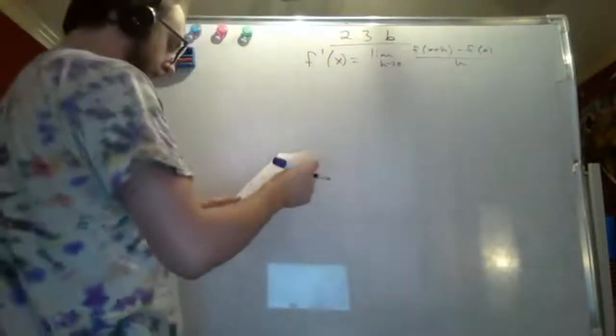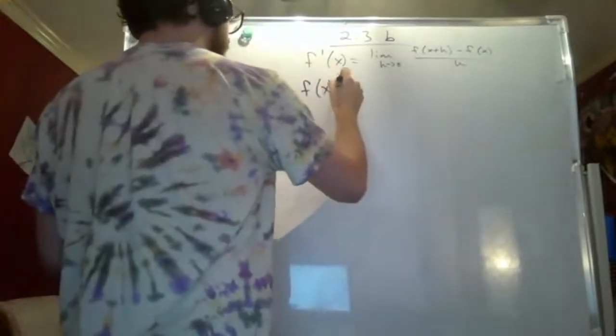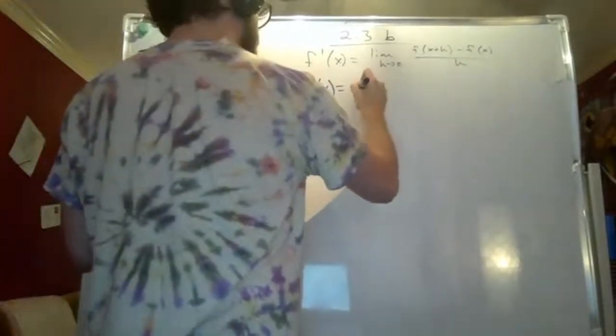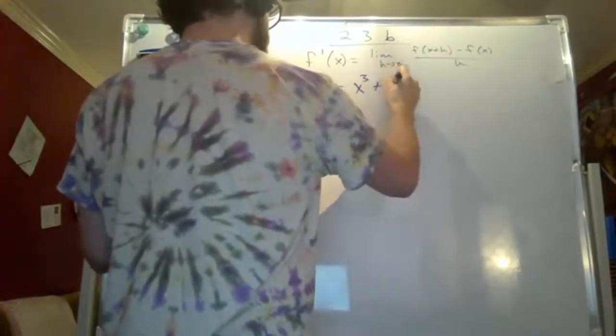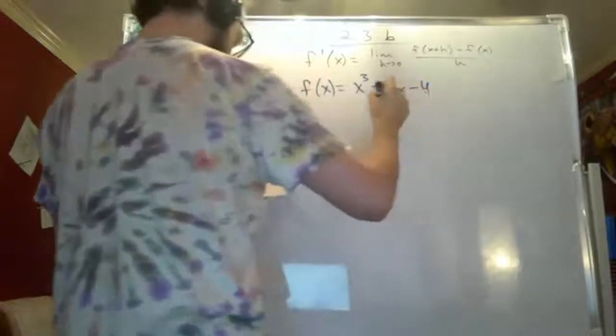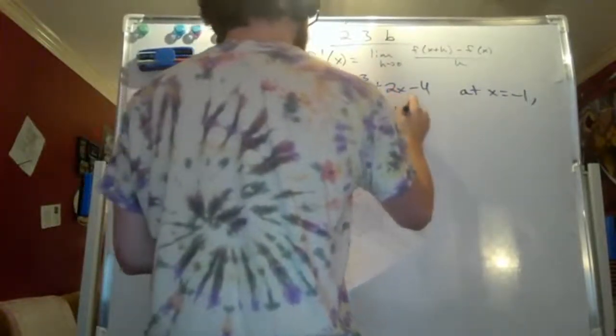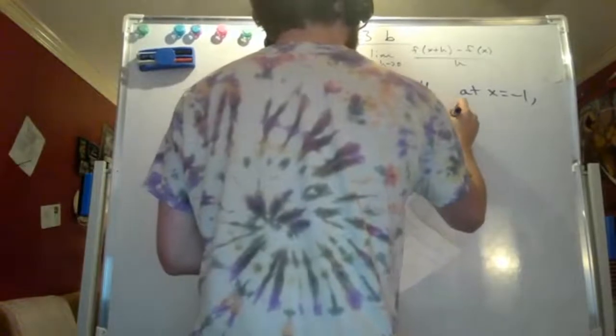So here we have: given f of x equals x cubed plus 2x minus 4, at x equals -1, find the tangent line.